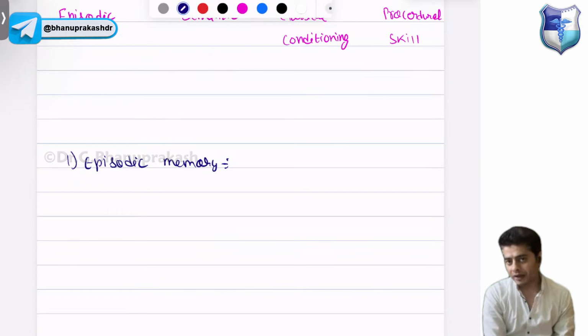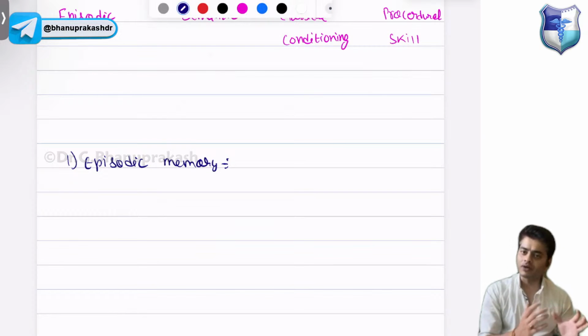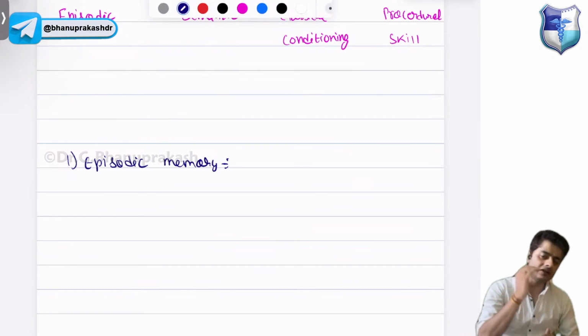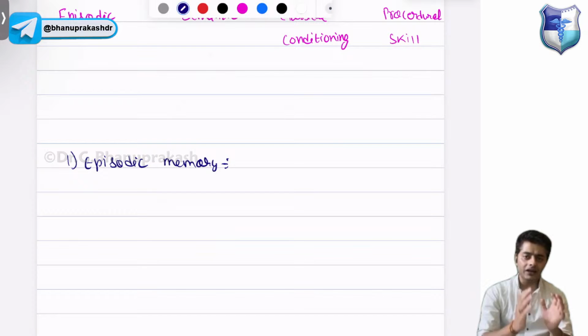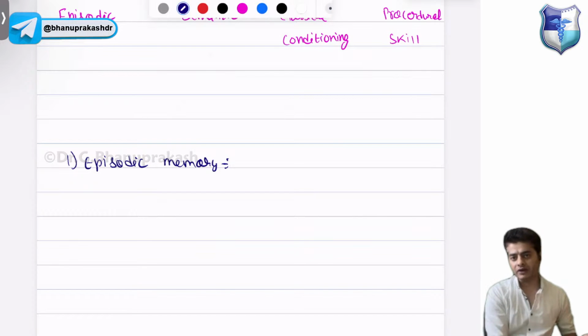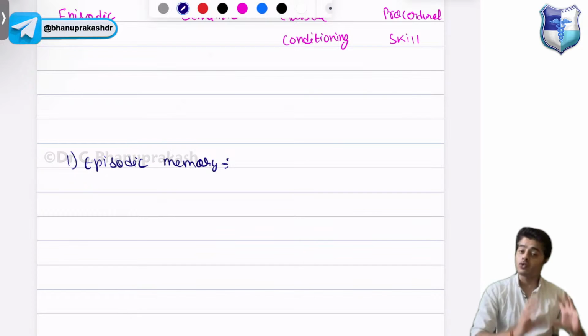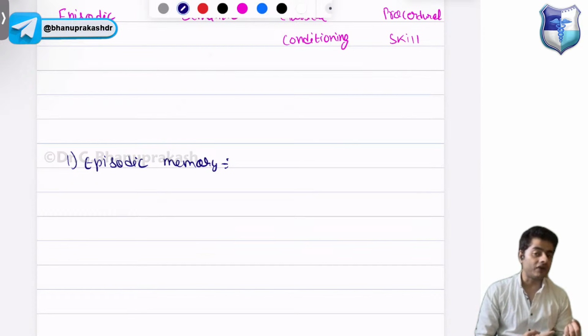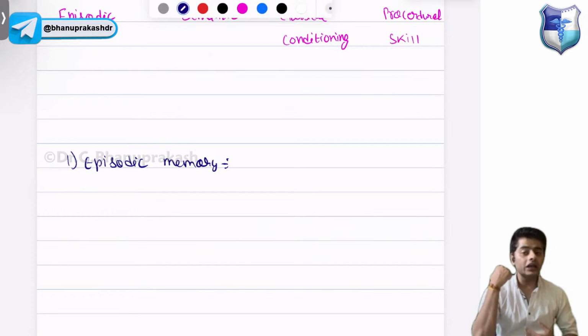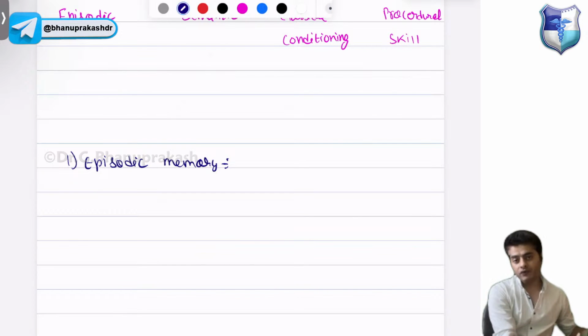Suppose today is my birthday, and today there is something special in my breakfast. Generally, do I remember my breakfast? No, I don't remember what has been made in my breakfast. But suppose today is my birthday, so I will remember my breakfast. So if after 2 or 3 months someone asks me, "Hey, Nishant, on your birthday, what was in your breakfast?"